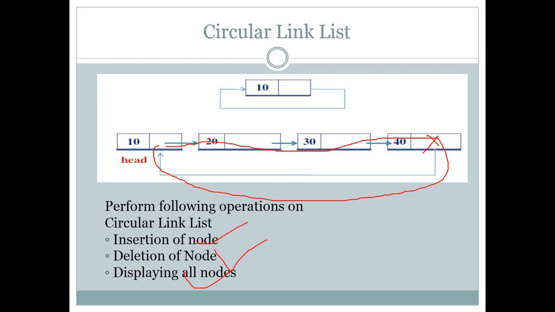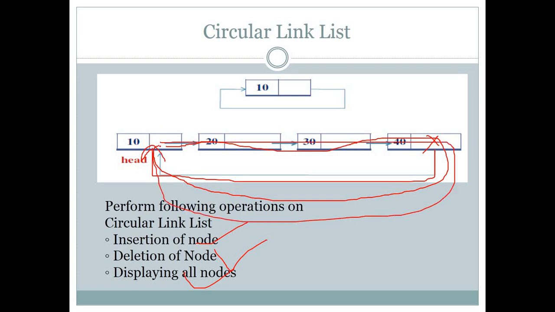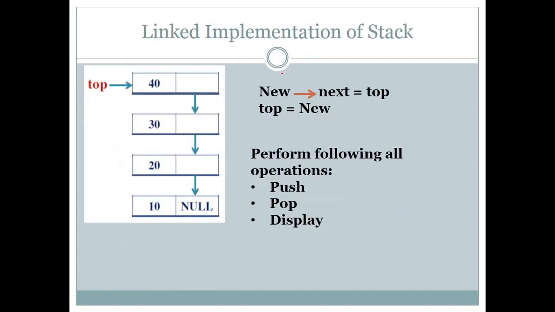We can go from this last node to this head node, so it creates a circle. If only a single node is there, then in its next address its own address will be stored. So this will be the circular linked list.